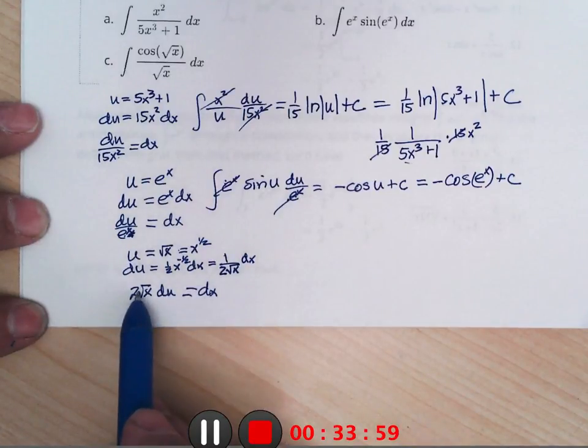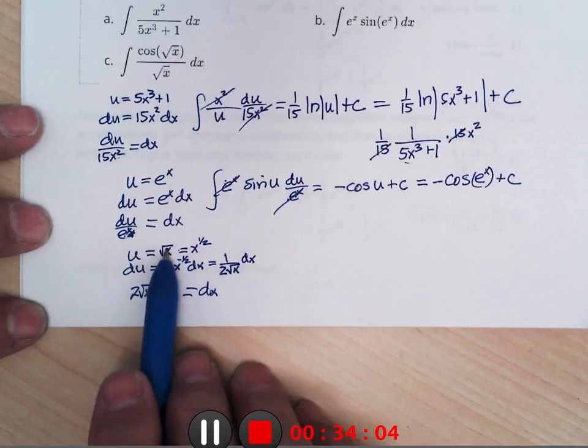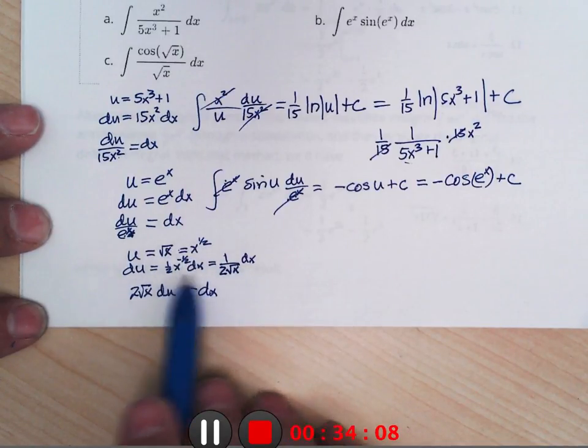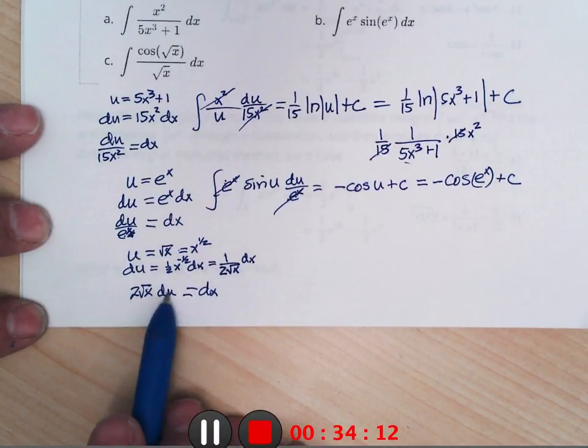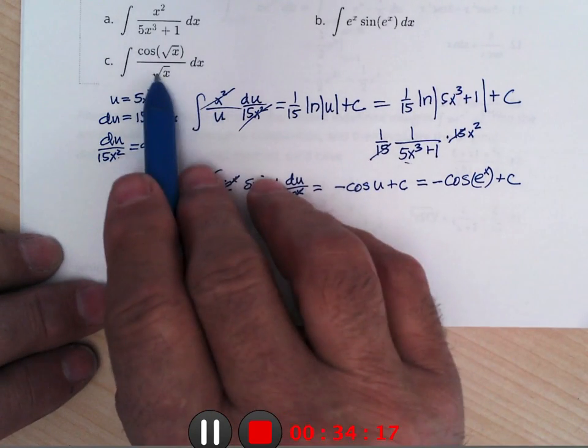So with the square root one, if you let u be a square root, because it's a half and goes to negative half, it ends up in the denominator. So when you solve for it, it ends up in the numerator, and so it'll cancel stuff in the denominator, which I like on this one.